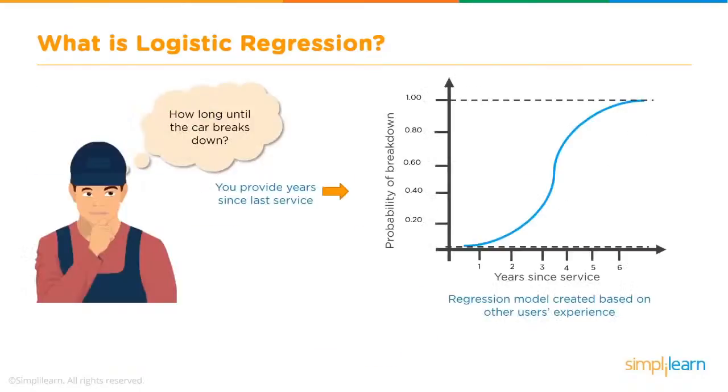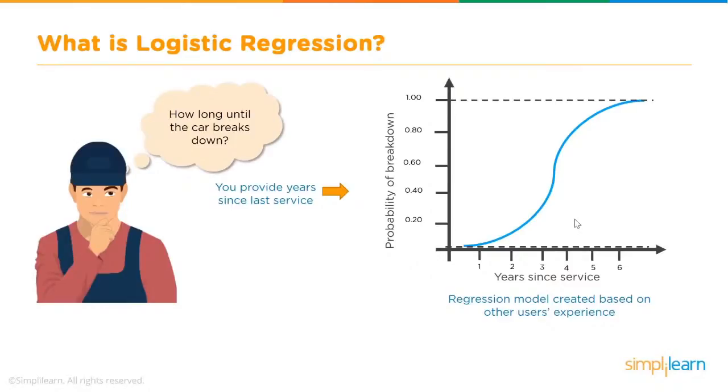Here's how it looks if we plot the information along the x and y axis. X is the number of years since the last service was performed, and y is the probability of your car breaking down. Let's say this data was collected from several car users, not just your car.